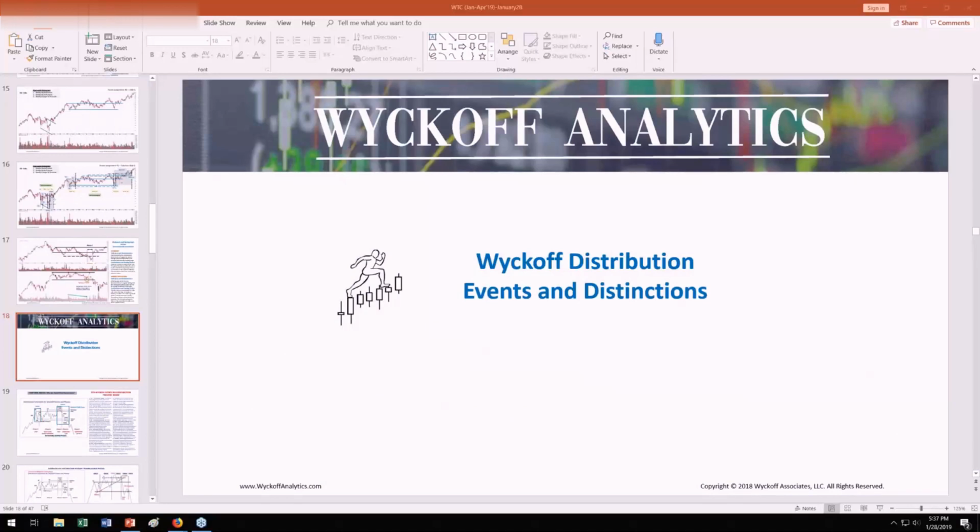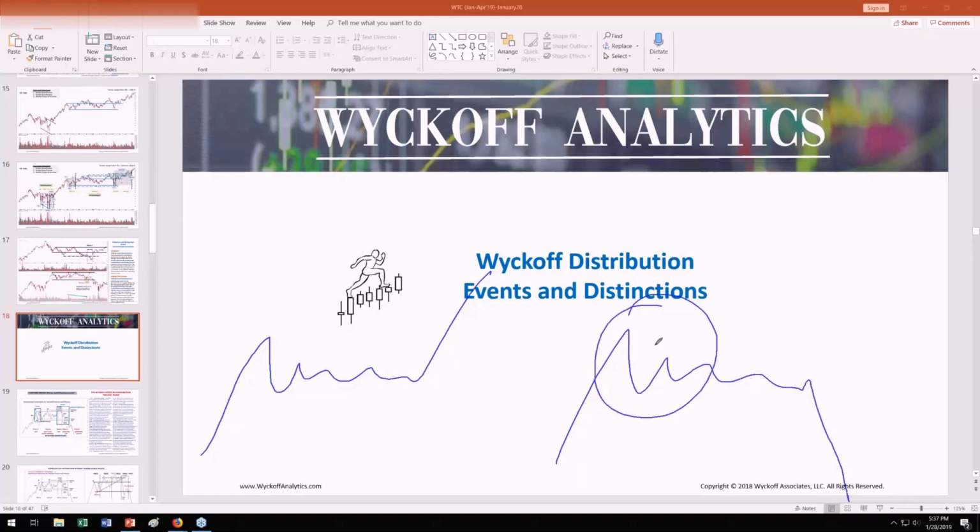Is there a redistribution trading range setup similar to reaccumulation, or will it just be preceded by a buying climax during an overall downtrend? There are quite a few similarities between a reaccumulation and a distribution. Usually, as we say, the first third of the trading range is going to look the same.